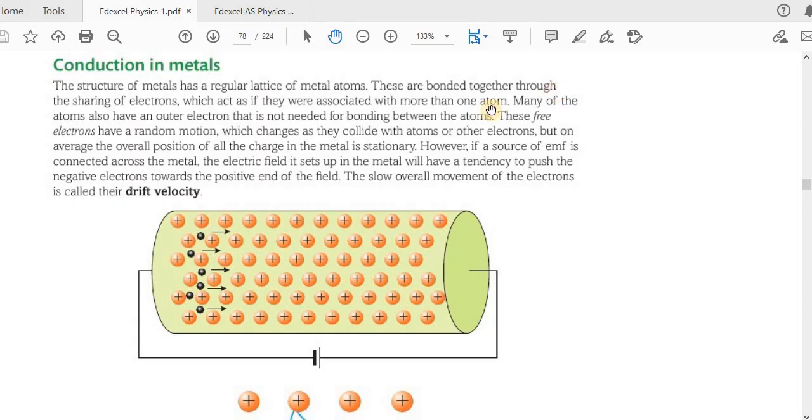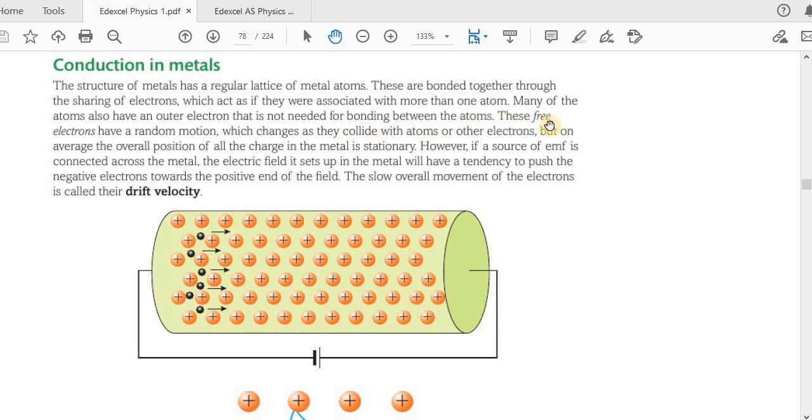These are bonded together through the sharing of electrons, which act as if they were associated with more than one atom. Many of the atoms also have an outer electron that is not needed for bonding between the atoms.